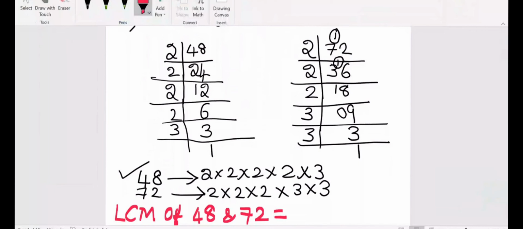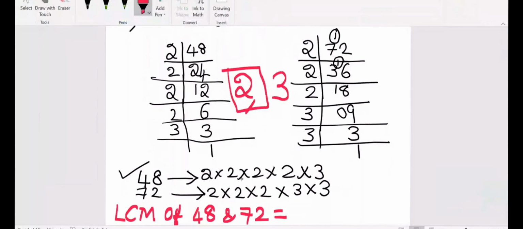For this, first find the common factors that came in these two. 2 is there and 3 is there, right? We can't see any other numbers apart from 2 and 3. Now find out with which number the 2 is repeated the maximum times, 48 or 72?